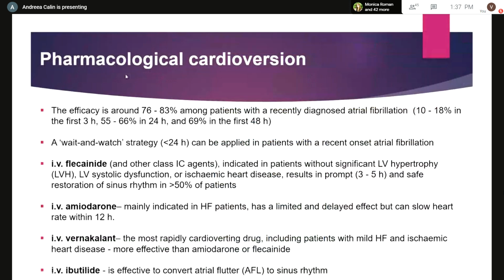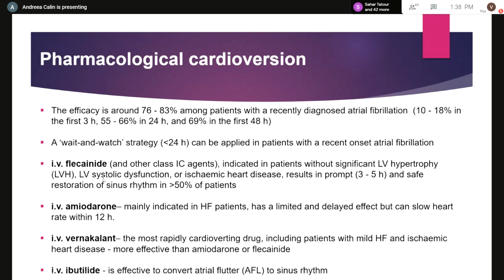And pharmacological cardioversion is an alternative in patients that do not desire to be cardioverted electrically, and the efficacy of this method is higher among patients with a recently diagnosed atrial fibrillation, but it is lower in patients with a long history of atrial fibrillation.